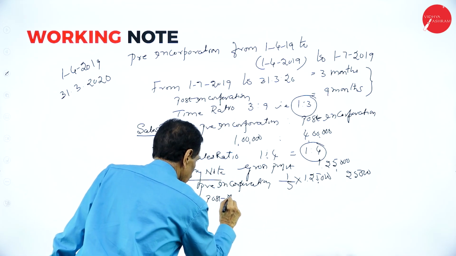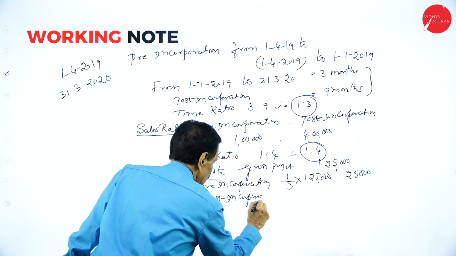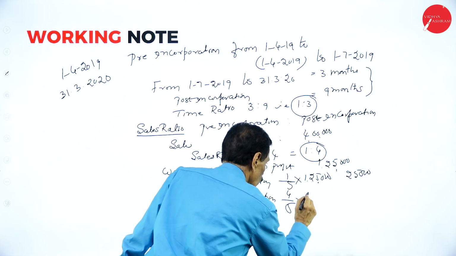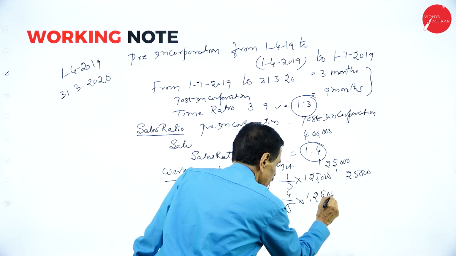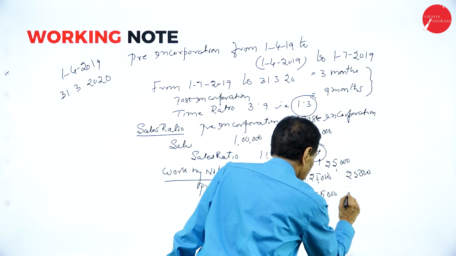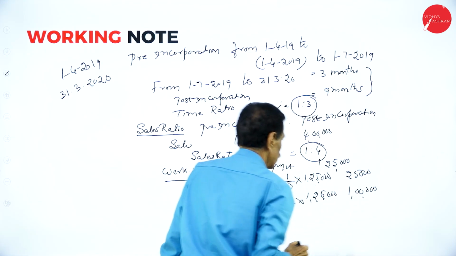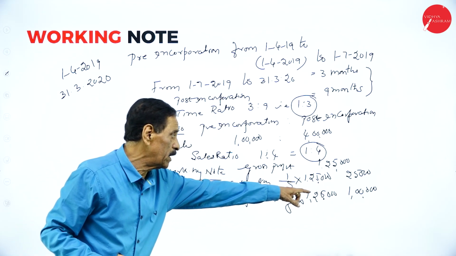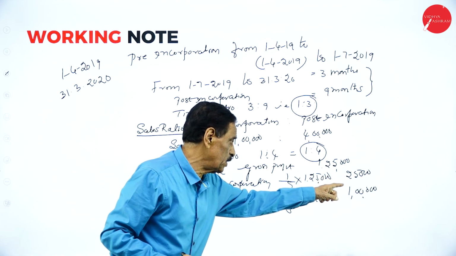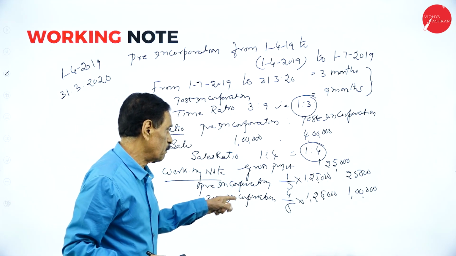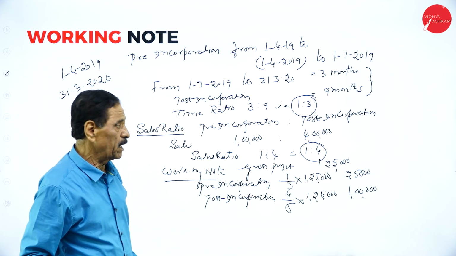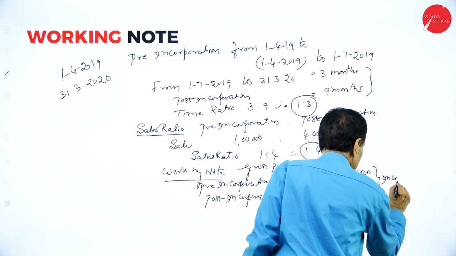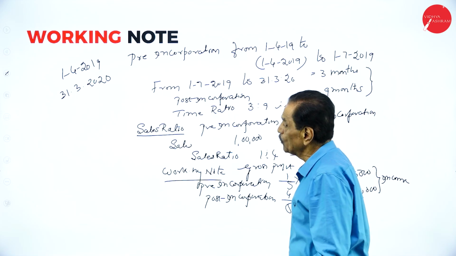Post-incorporation is 4/5 of 1,25,000, which is 1 lakh. So 1/5 of 1,25,000 is 25,000, and 4/5 of 1,25,000 is 1 lakh. This is the pre-incorporation profit and this is the post-incorporation profit. So this is the income. Now we'll go to expenditure.